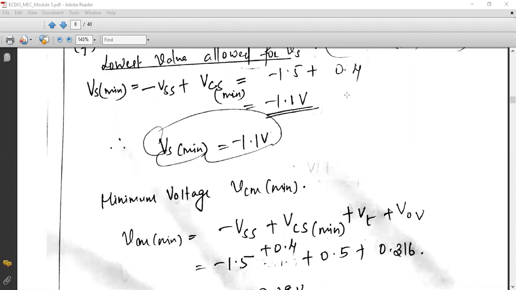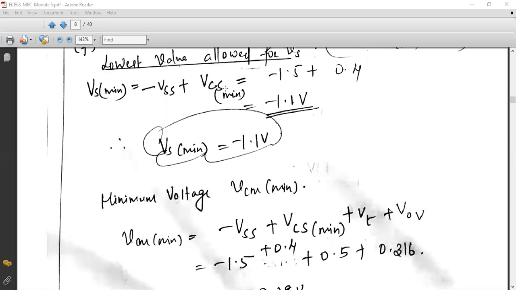But as far as this question is concerned, in the later part you need to find the minimum value of your VCM, providing a minimum value of Vs. Okay. After finding a minimum value of Vs, then only you are going to find the minimum value of VCM. So how are you going to find the minimum value of Vs? By incorporating the minimum effect of current source, the minimum voltage across a current source.